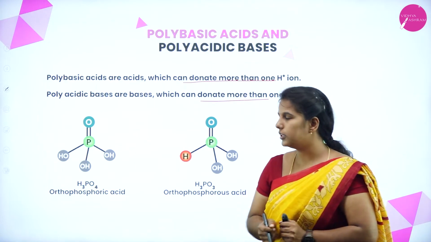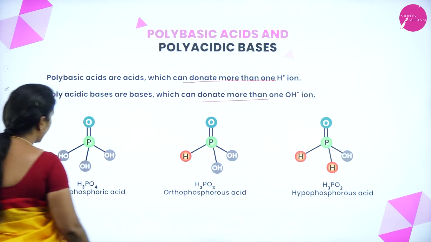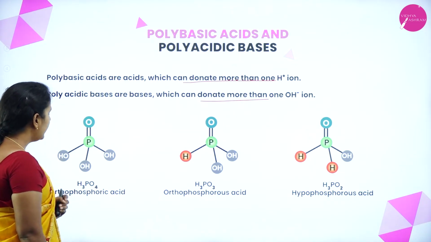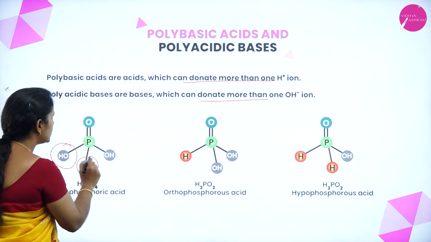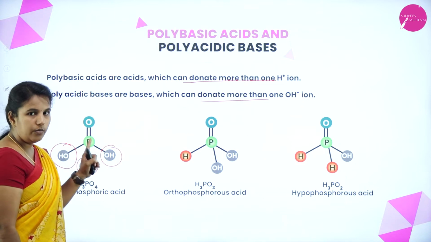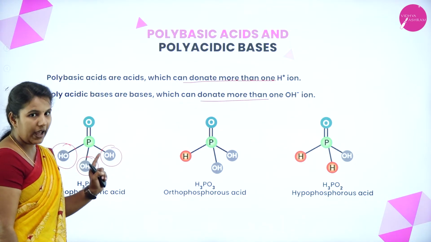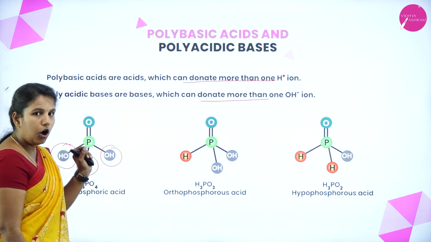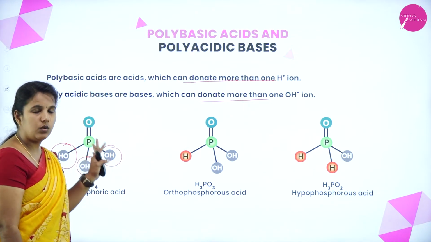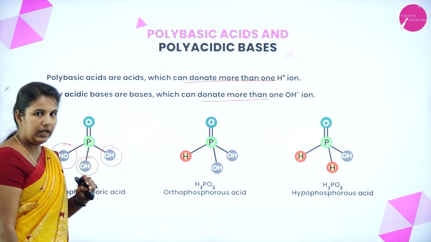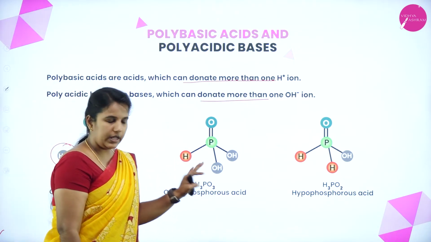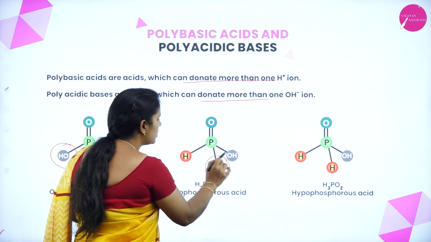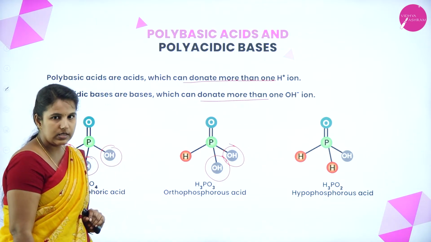We have an example for this, that is phosphoric acid or orthophosphoric acid. You can see that in this example, it can donate 3 H plus ions. Hence the molecular formula is H3PO4, or you can say that it can replace 3 hydrogen atoms. In H3PO3, that is orthophosphorus acid, you can see that there are 2 free replaceable hydrogens.